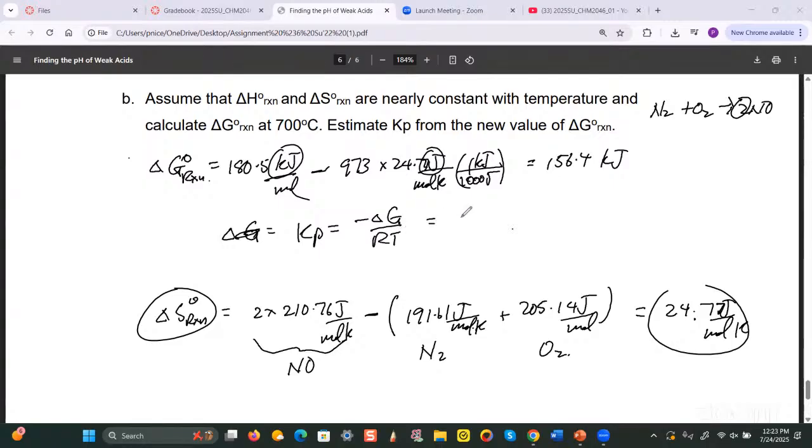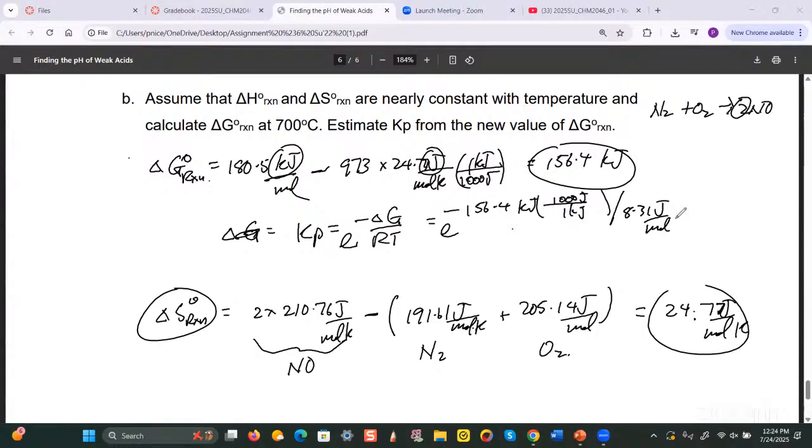So e to the minus 156.4 kilojoules divided by R, which is 8.31. Firstly, I have to convert again from joules to kilojoules, so 1 kilojoule below, 1,000 joules above. Then we divide by 8.31 joules per mole Kelvin times the temperature, which is 973 Kelvin, which is 700 degrees Celsius. Let's see what that gives.